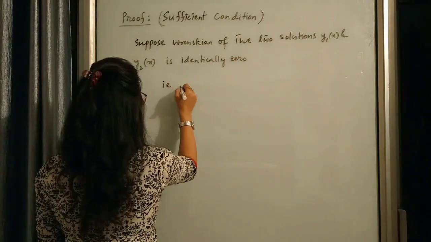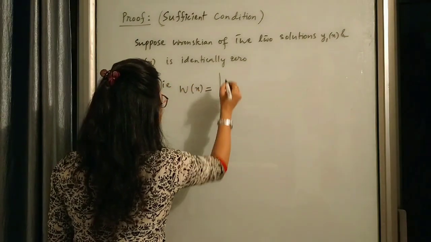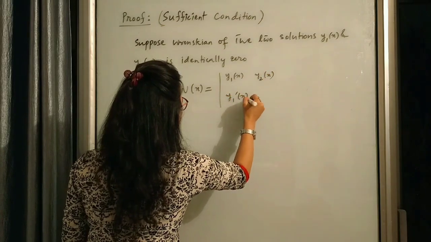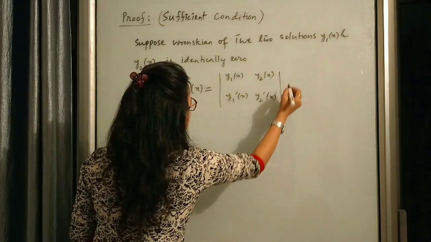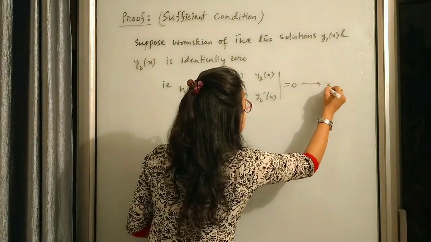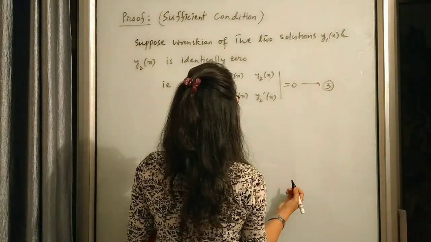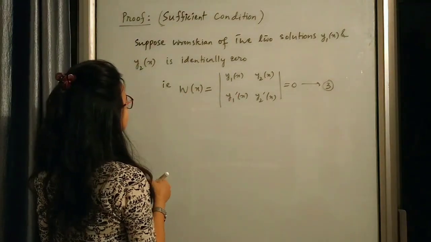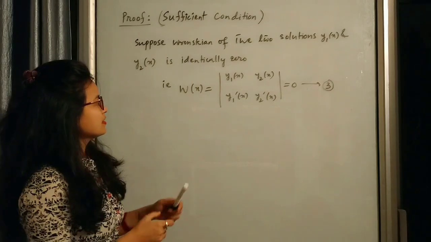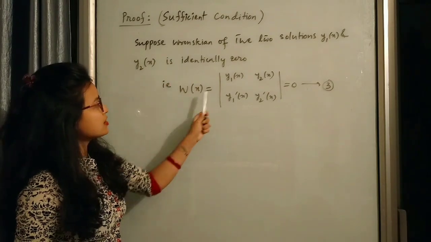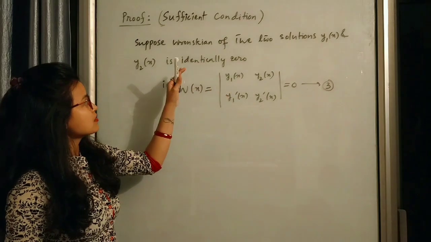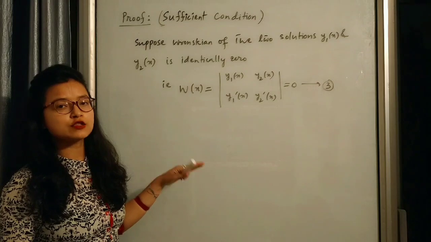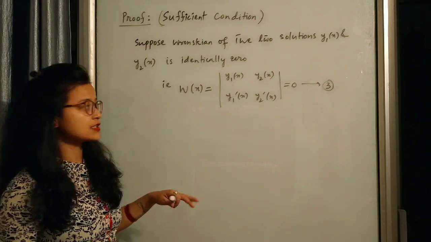That is, W(x), the determinant of y1(x), y2(x), y1'(x), y2'(x), is equal to 0. The Wronskian is equal to 0. We will try to show that the solutions y1(x) and y2(x) are linearly dependent.